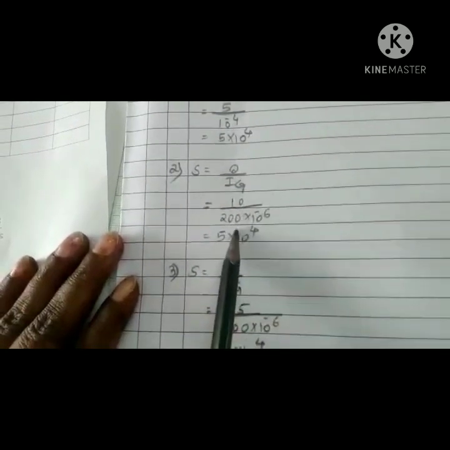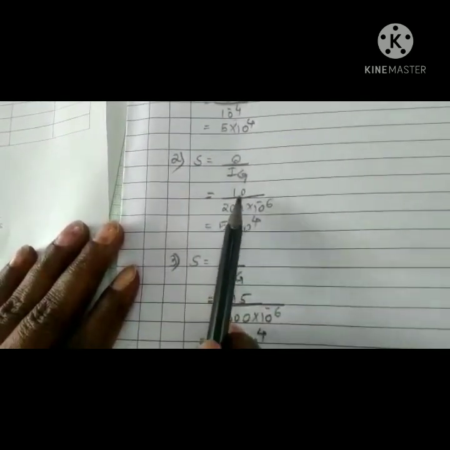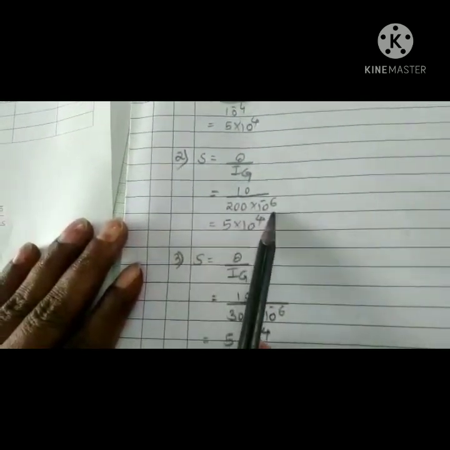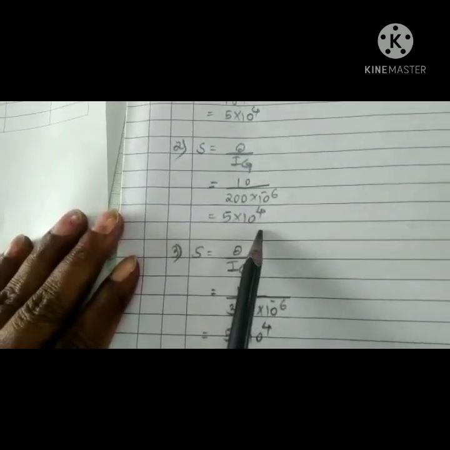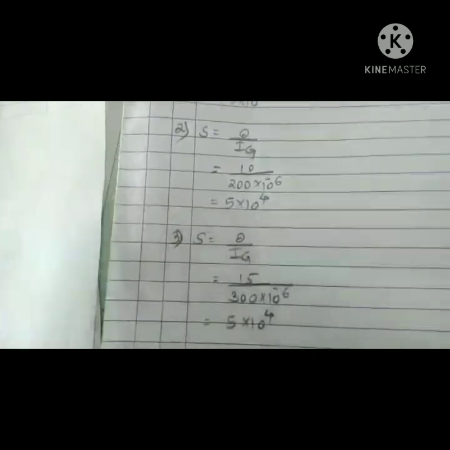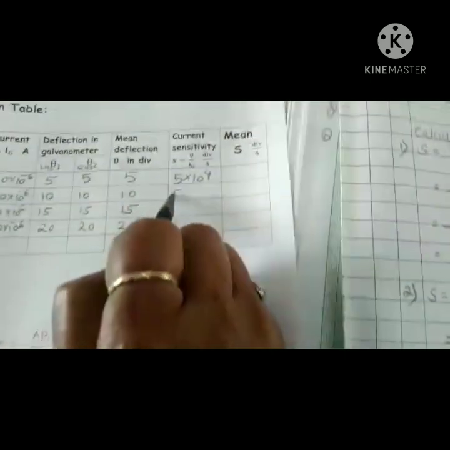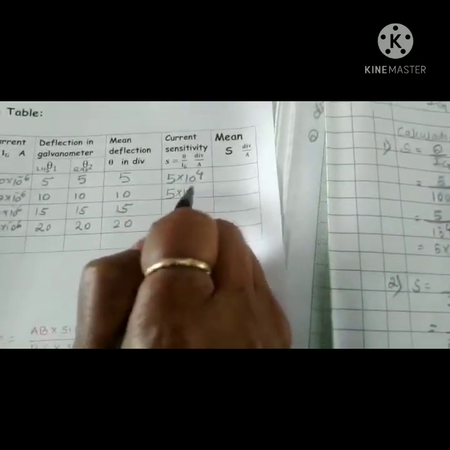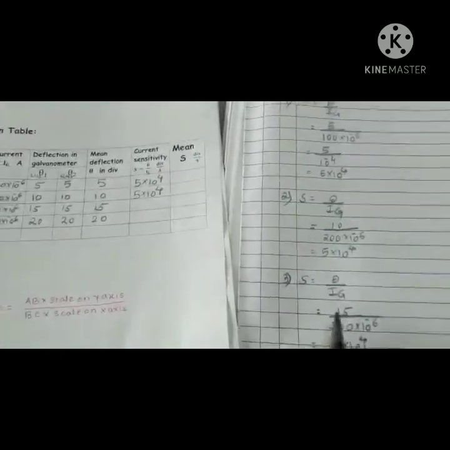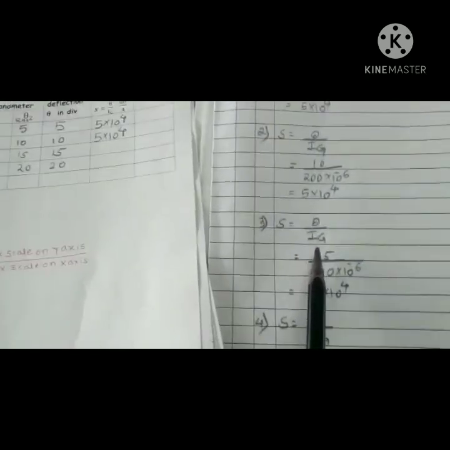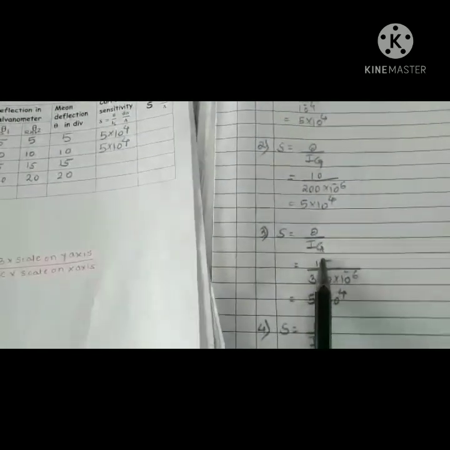Likewise we have to do all the calculations. For the second, theta is 10 and Ig is 200 into 10 to the power minus 6. After calculation we get 5 into 10 to the power plus 4, and we write the same here. Now the third calculation: S is equal to theta by Ig, same formula.